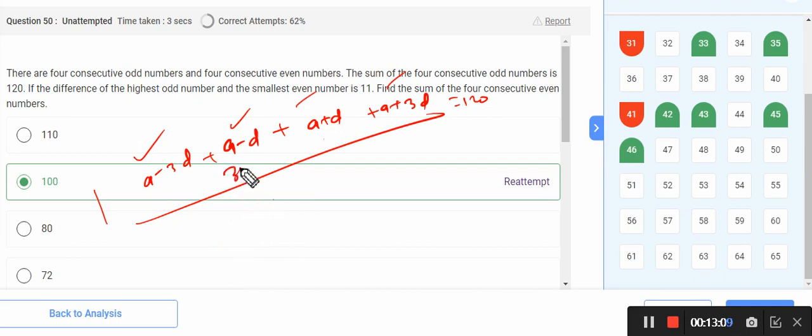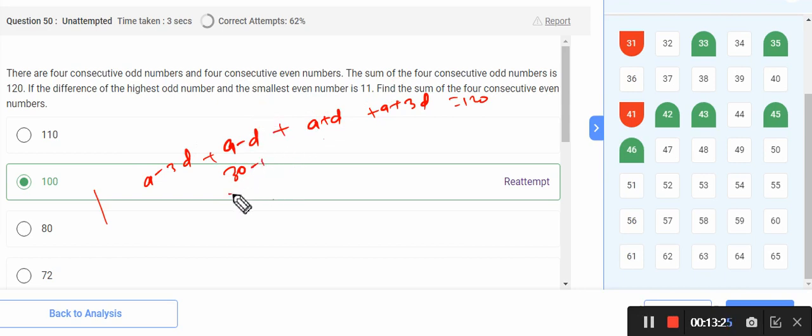Now D has to be 1, right? Because all these numbers are consecutive, so the common difference cannot be more than 1.